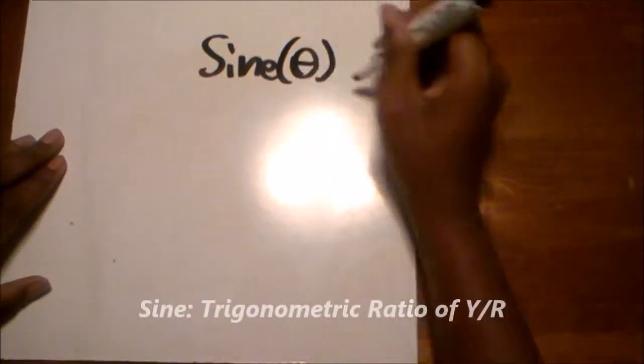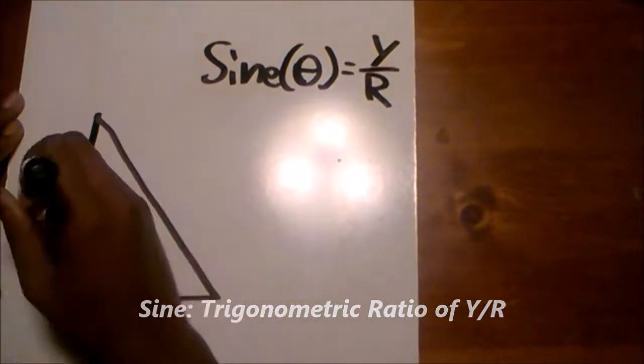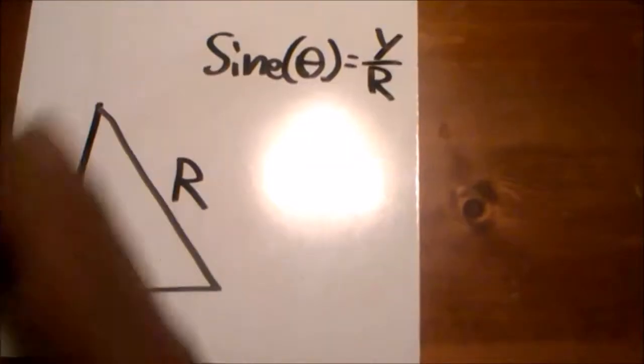Even though we could stop here with the sine curve, let's get into more detail on why the sine curve is so important. Sine is a trigonometric ratio of y's length, the height, divided by r's length, the hypotenuse of any right triangle.